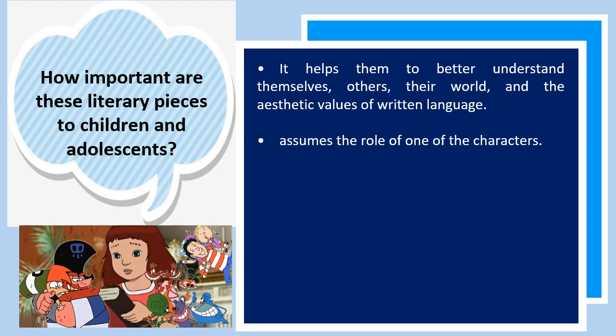One very good skill that is developed in reading literary pieces, especially children and adolescent literary pieces, is that we make our imagination grow. When we read a story, we try to assume ourselves as the character in the story, or when we read a poem, then we try to assume our feelings as the feelings in the poem.